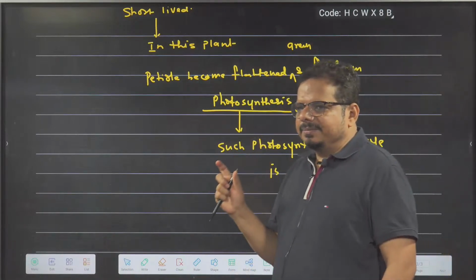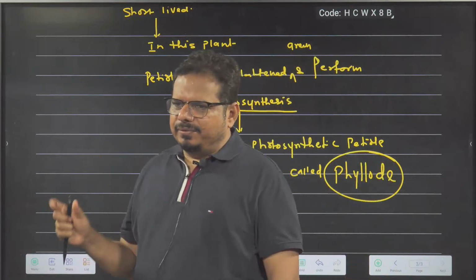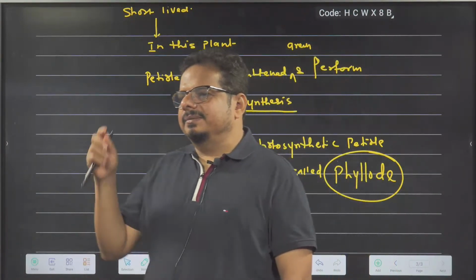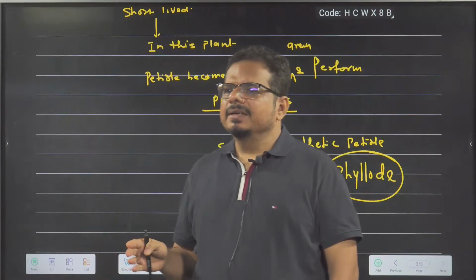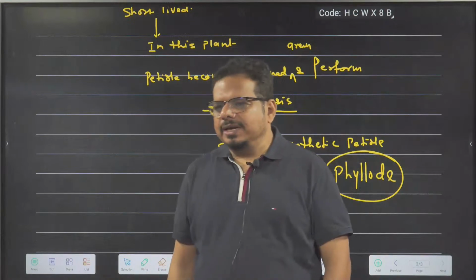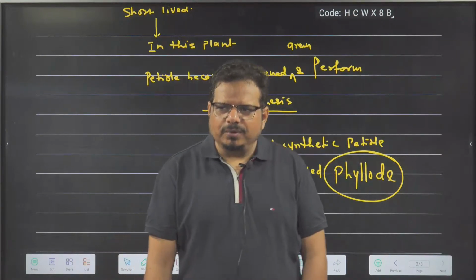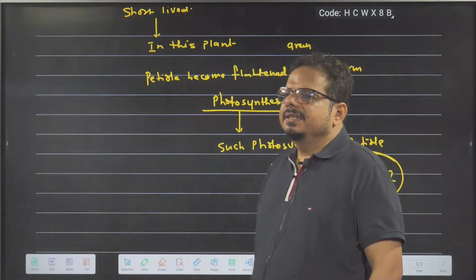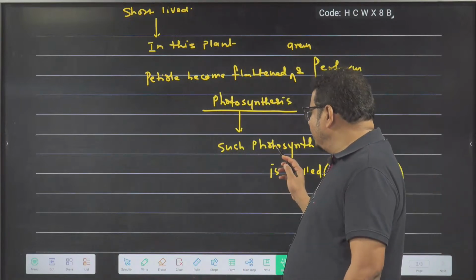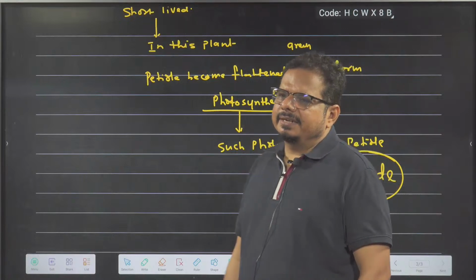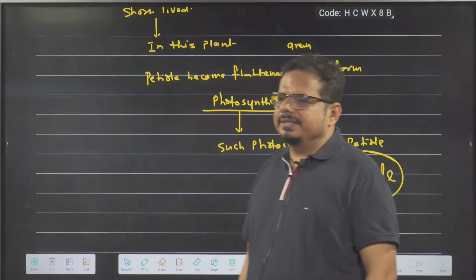Once again, Phylloclade is a modification of stem for photosynthesis, present in Opuntia, in Euphorbia, in cactus. But Phyllode is a modification of petiole for the purpose of photosynthesis, and that is present in Australian acacia.